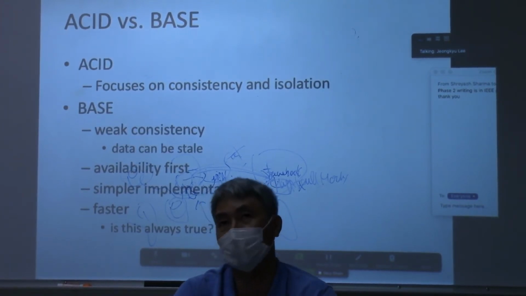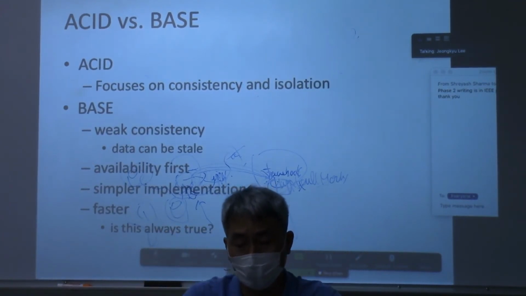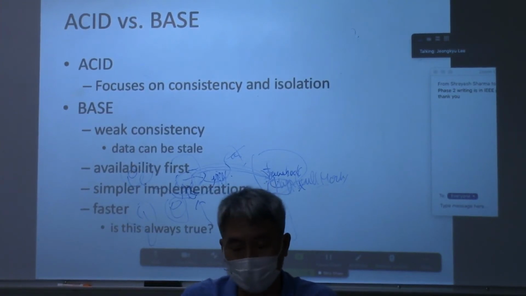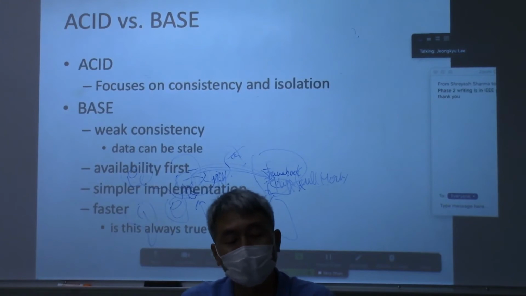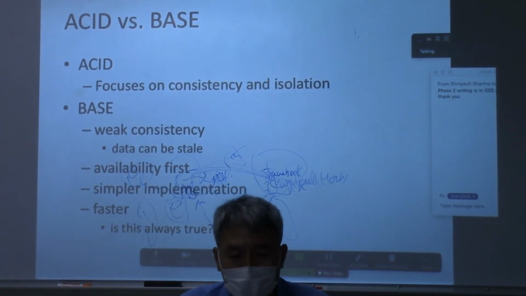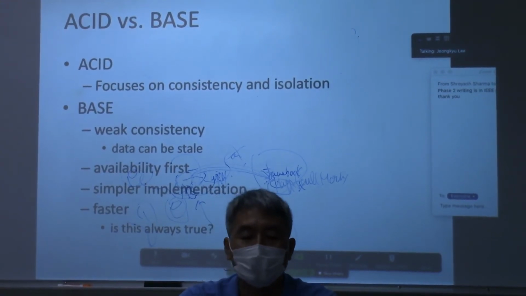Compared to ACID, I already explained several techniques to keep consistency as well as isolation. But that's not all of them. There are many more. I actually explained at a very high level. It's much more complicated. You need transaction scheduling and so on.